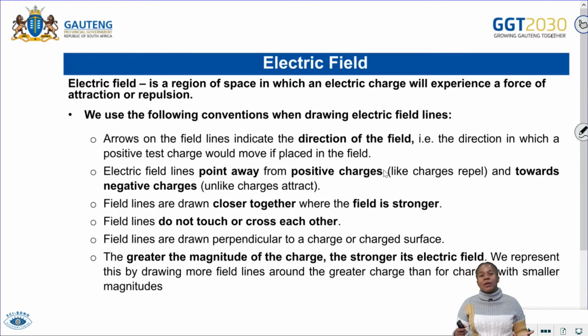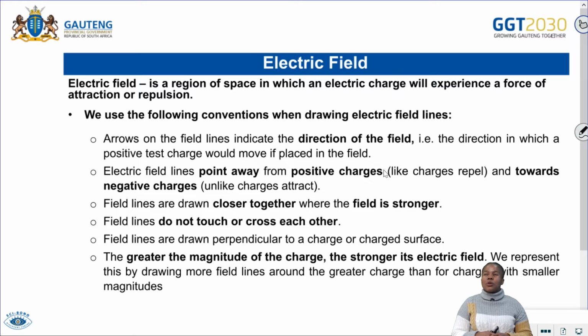This is reminding me of magnetism, which we did in term 2, where we spoke about the fact that the magnetic field lines are more concentrated at the poles and more far apart as you move towards the center of the magnet. Okay, same thing here, but now we're talking about electric field lines, no longer magnetic field lines. Wherever electric field lines are closer, it indicates that there is a stronger electric field. Okay, they do not touch or cross each other.